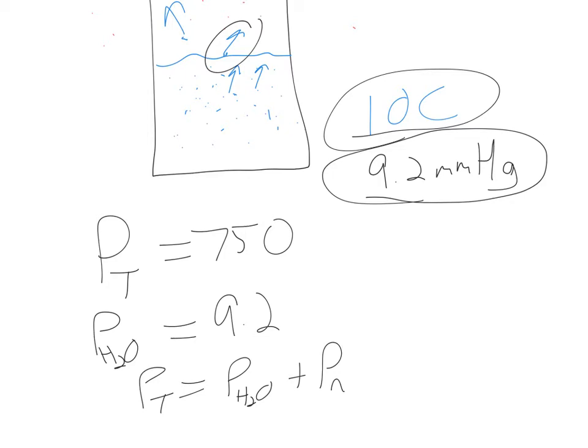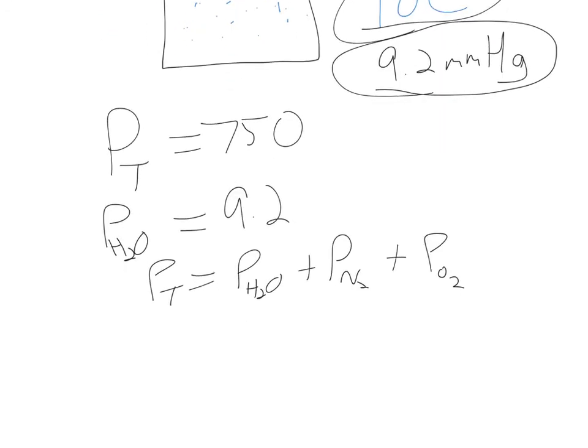There would be some nitrogen and some oxygen. Those are the two big contributors. There's also a little CO2 and a little argon and some trace elements, but those are the two big ones, nitrogen, oxygen. And so if I wanted to say, well, water accounts for 9.2 millimeters of mercury, what is the pressure of everything else? I could come down here and say, well, the total pressure was 750.